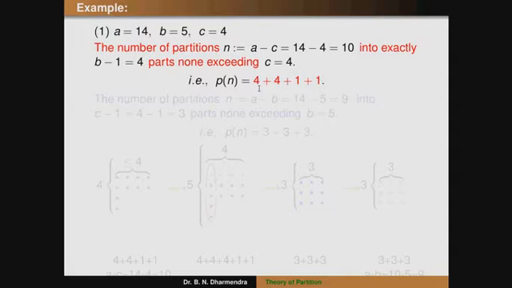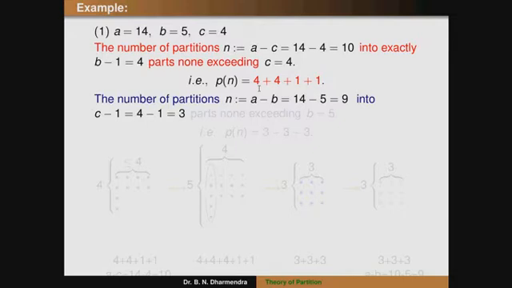Okay. What is the next condition? The next condition is the number of partitions, where n is equal to a minus b. Here a is 14 and b is 5. So 14 minus 5 is equal to 9, into c minus 1 parts. So here c minus 1 is 4 minus 1, that is only 3 parts.